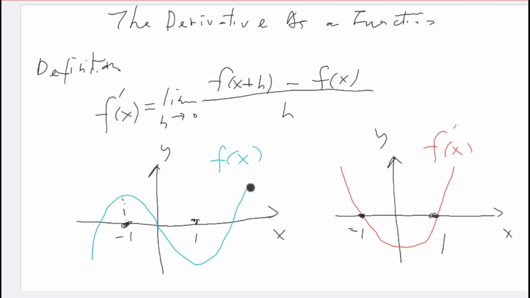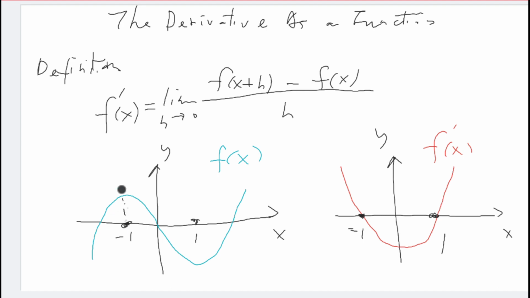Now let's look at how derivative function compares to a function itself. So if we have a function with a graph like this, if you analyze the derivative function, remember derivative is like slope too, right? Slope of tangent line to the graph of f of x at each location.